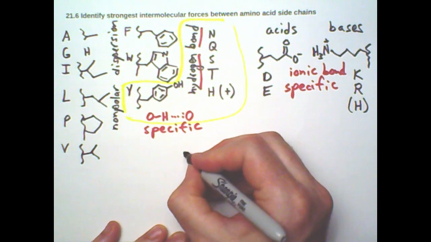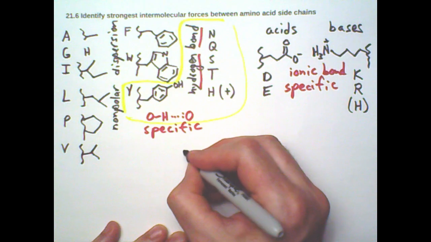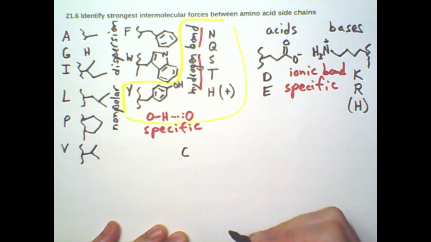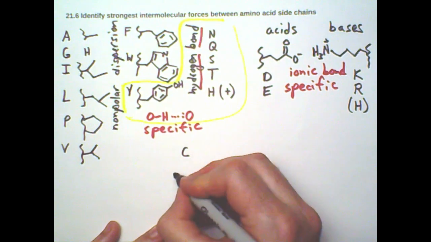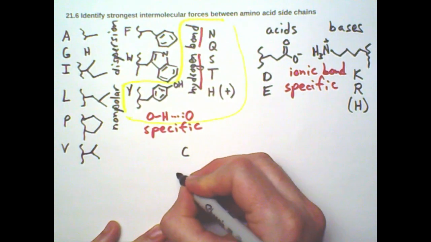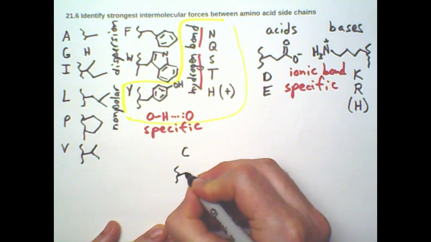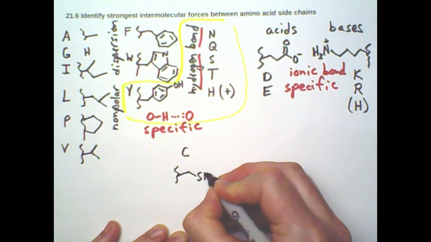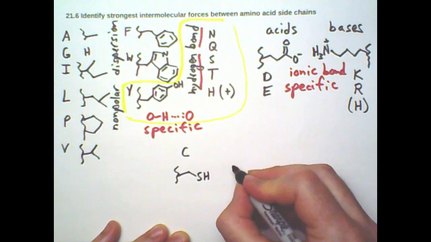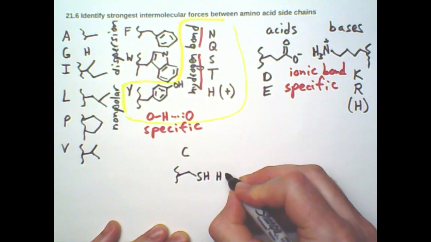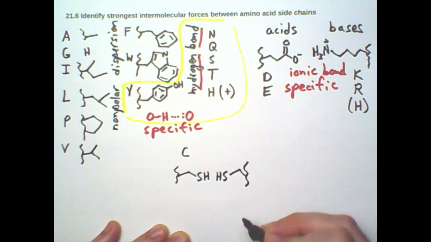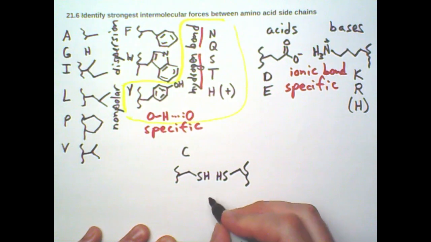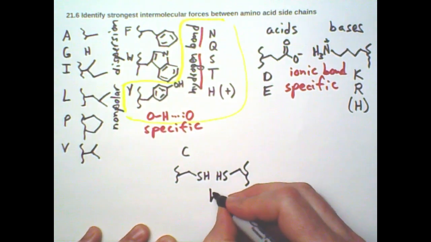When you have two cysteine residues, C for cysteine, we've got our SH, and it can pair up with another SH and be oxidized to lose the hydrogen.